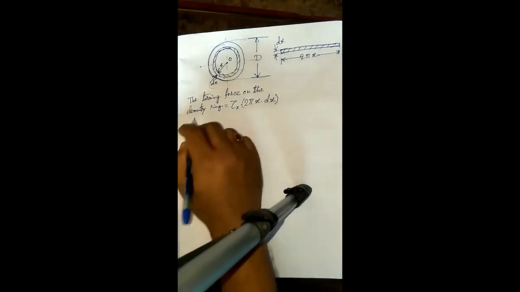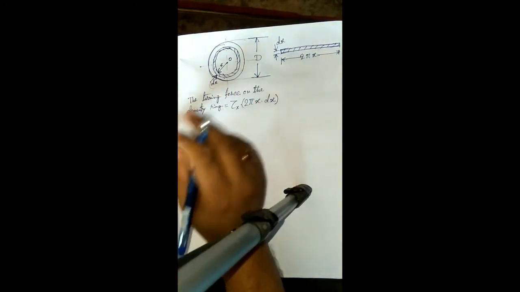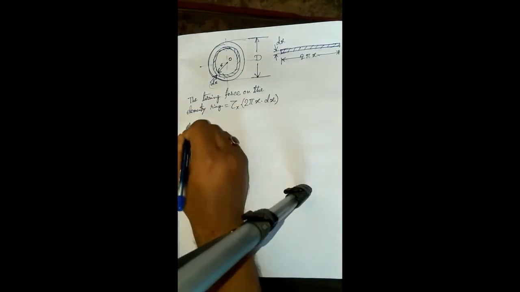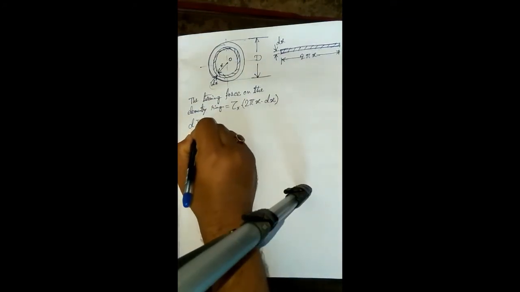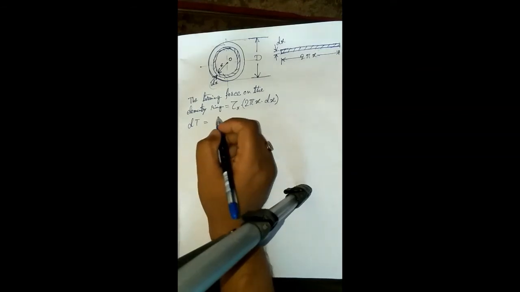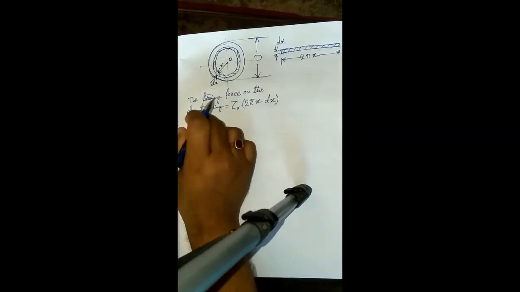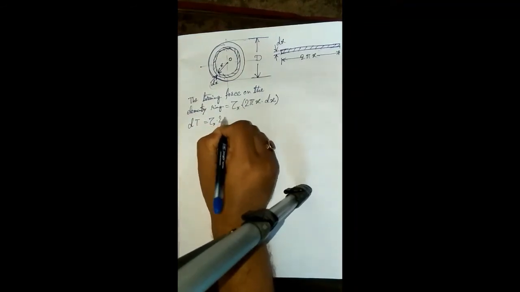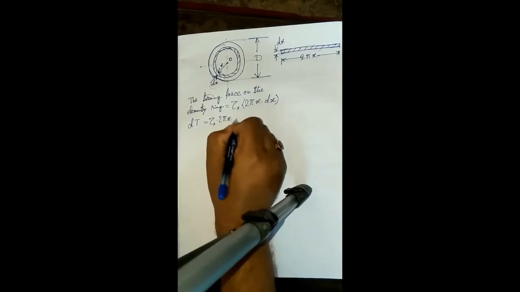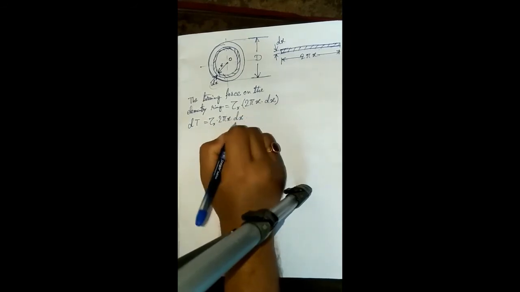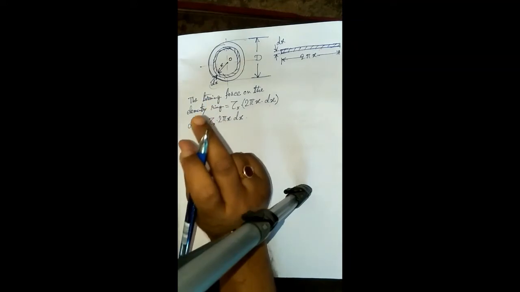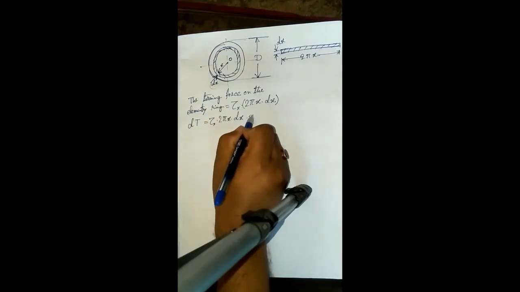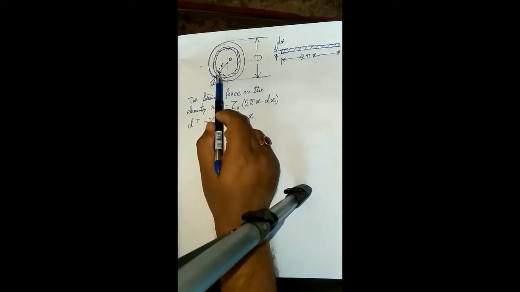Now the turning moment on this elementary ring, suppose that is TD, equals the force 2 pi x dx into the distance from the center to the elementary ring, that is x.